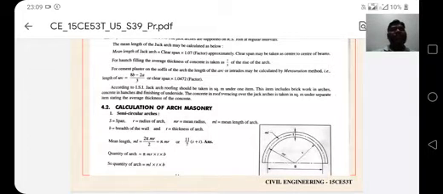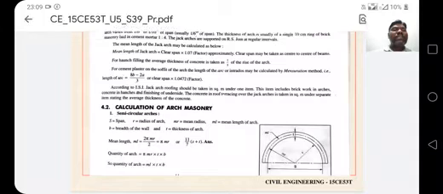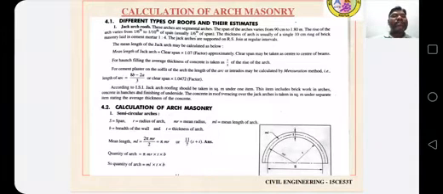Calculation of arch masonry. Semicircular arches. S is equal to span, R is equal to radius of the arch, MR is equal to mean radius, ML is equal to mean length of arch, B is equal to breadth of the wall, T is equal to thickness of arch.